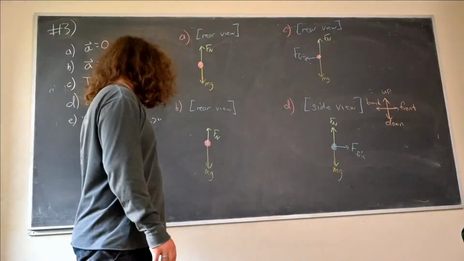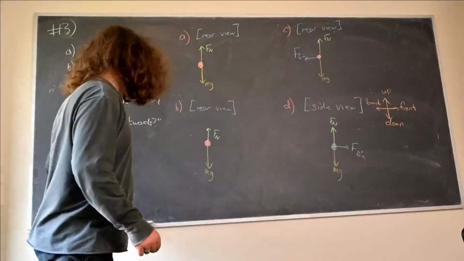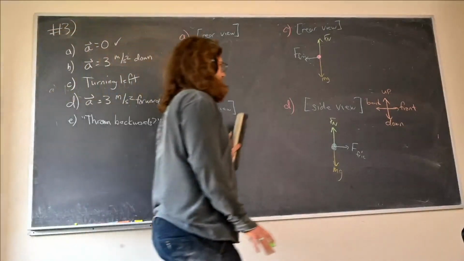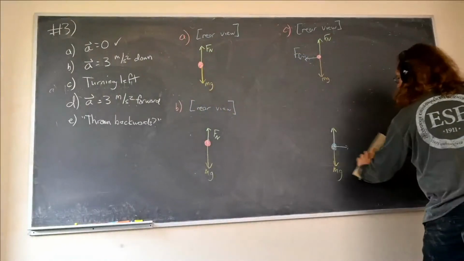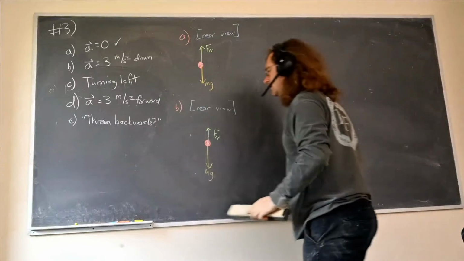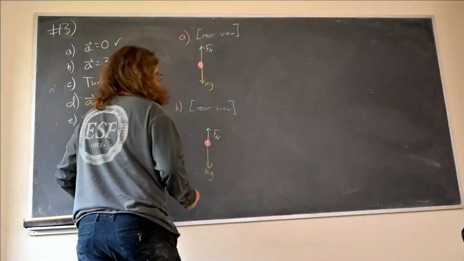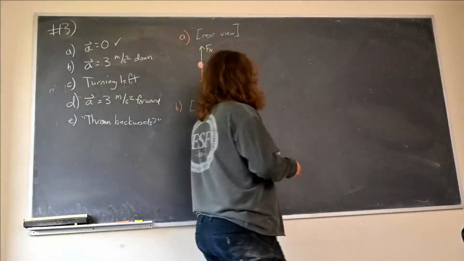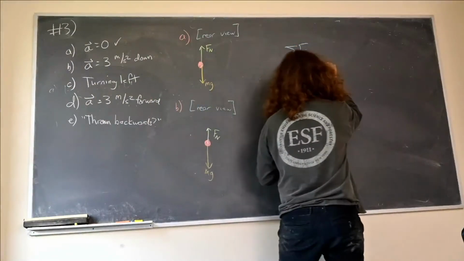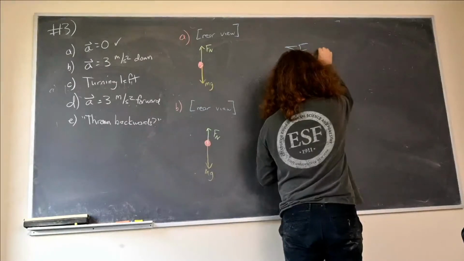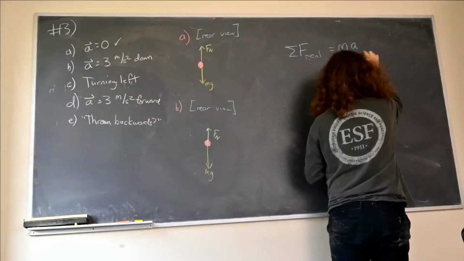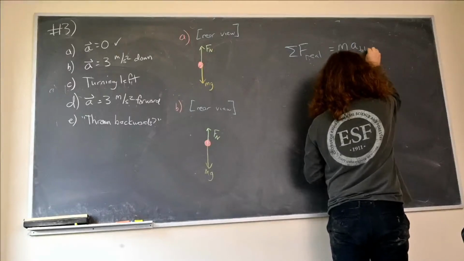Another way to think of this is, and this is more technical than you would need to go into, but if I am in a box that's accelerating, I could write the sum of the forces that are real equals my mass times the total acceleration.